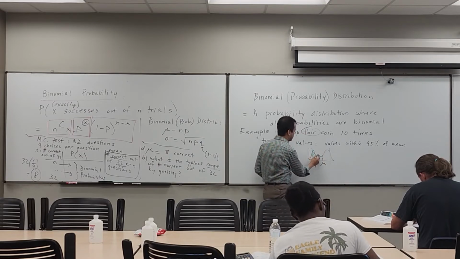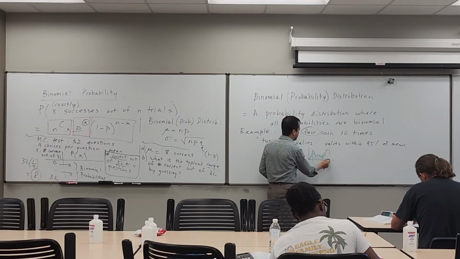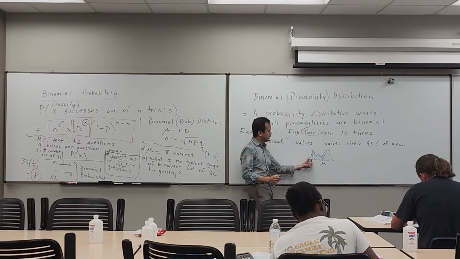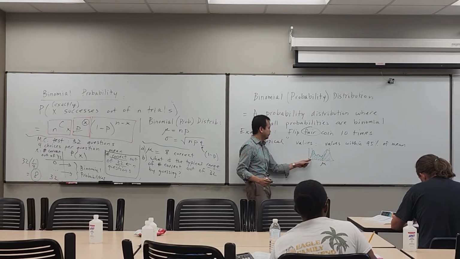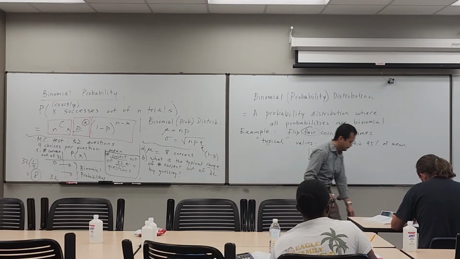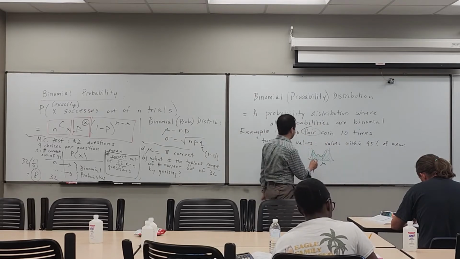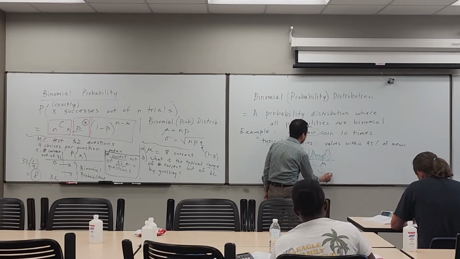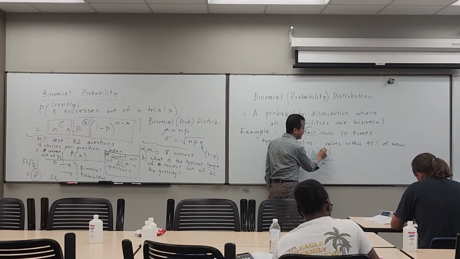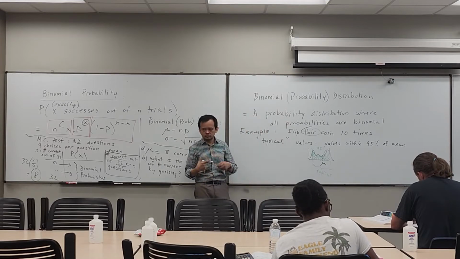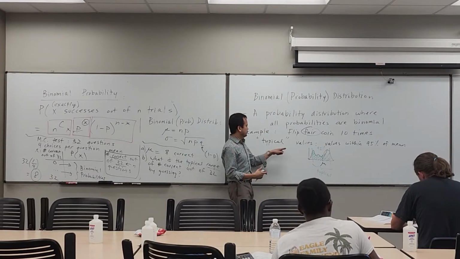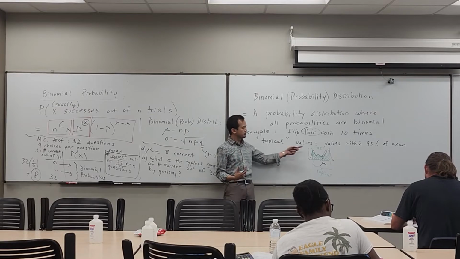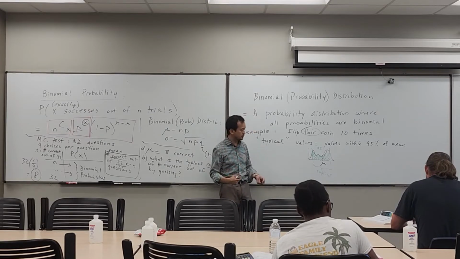So around 95%, so that only 5% in both the low and high end are left over, then these are considered typical values. And that's for any distribution. So just convention is that typical values are defined as being 95% within the mean for any distribution.